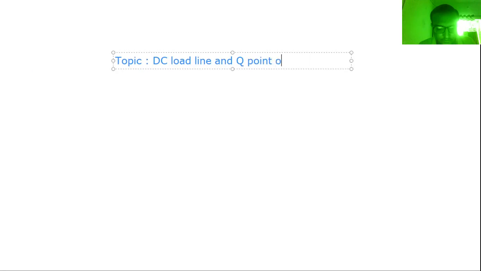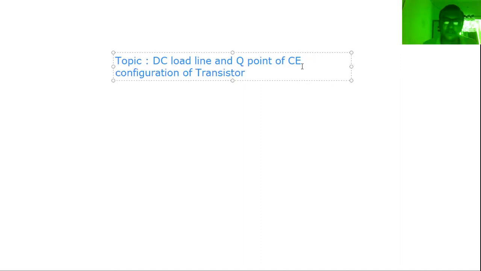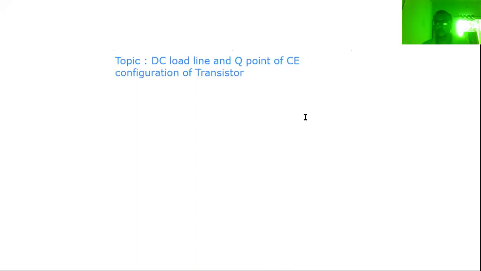Today we have discussed the topic DC load line and Q point of common emitter configuration of transistor. Now, what is the meaning of DC load line and Q point?